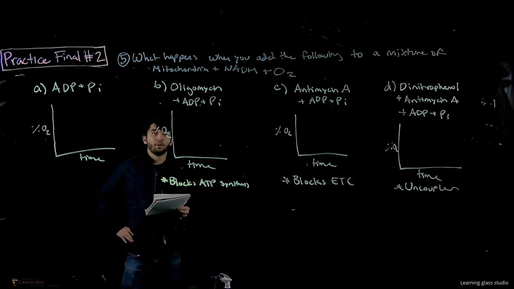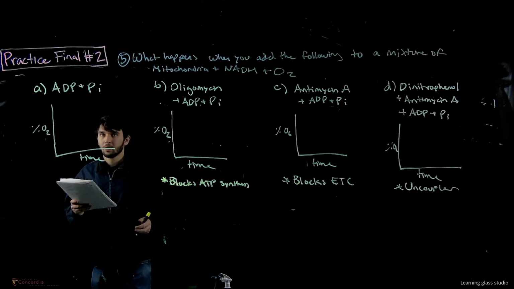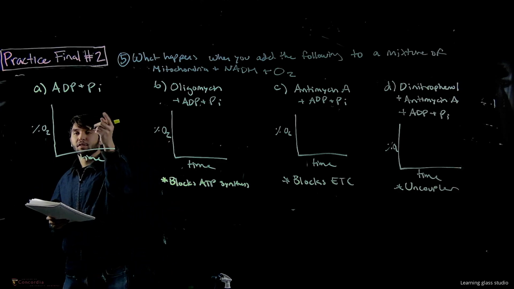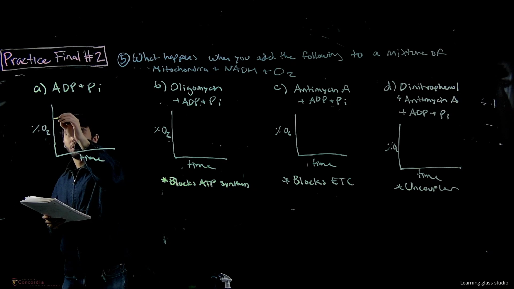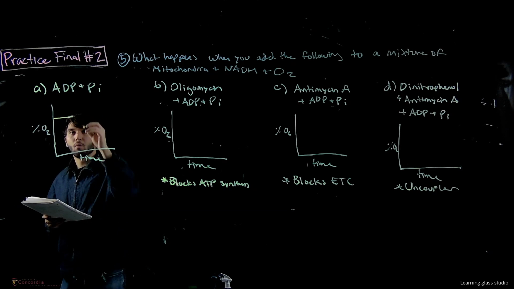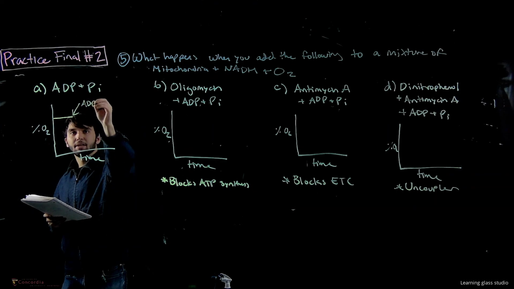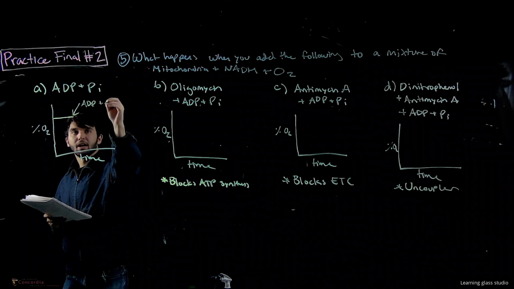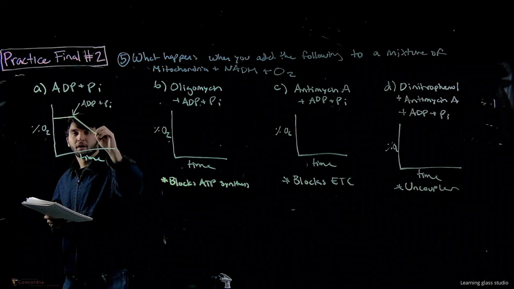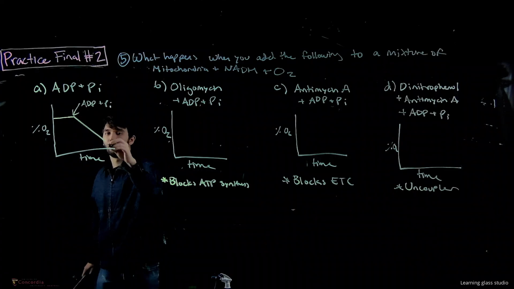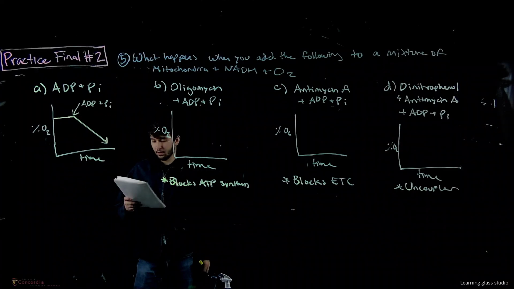Okay, so we have mitochondria, we have NADH, and we have O2. So what's going to happen when we add ADP to this mixture? So we start out with no O2 consumption, and then when we add ADP, and Pi I guess, we start seeing O2 consumption going down. Okay, it starts to decrease.